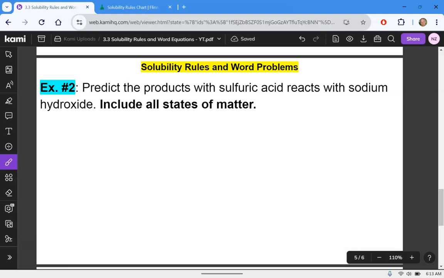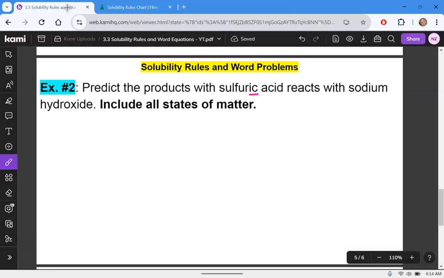It says predict the products when sulfuric acid reacts with sodium hydroxide. Sulfuric acid doesn't have the word hydro in it, so I know it's not just sulfide. It's going to be sulfate, because the ending of our acid is -ic. The -ate turns to -ic with our acid.